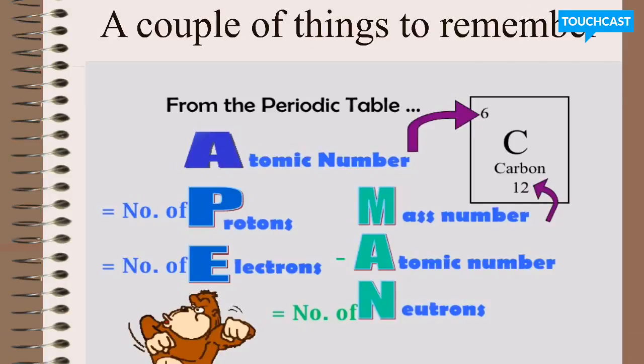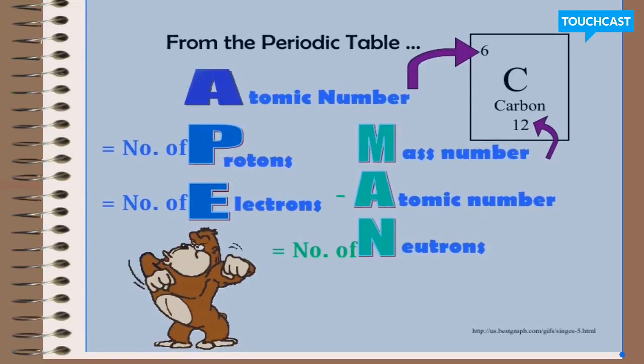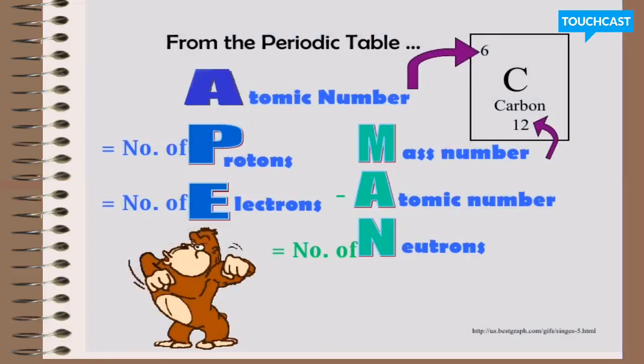Okay, so we have our little saying. This is a couple things to remember, and I'll show you guys how to do this on your brain dump. All right, so we have 8-man. 8-man is how we're going to remember how to find protons, neutrons, and electrons by looking at the periodic table. The number at the very top of the box is our atomic number.